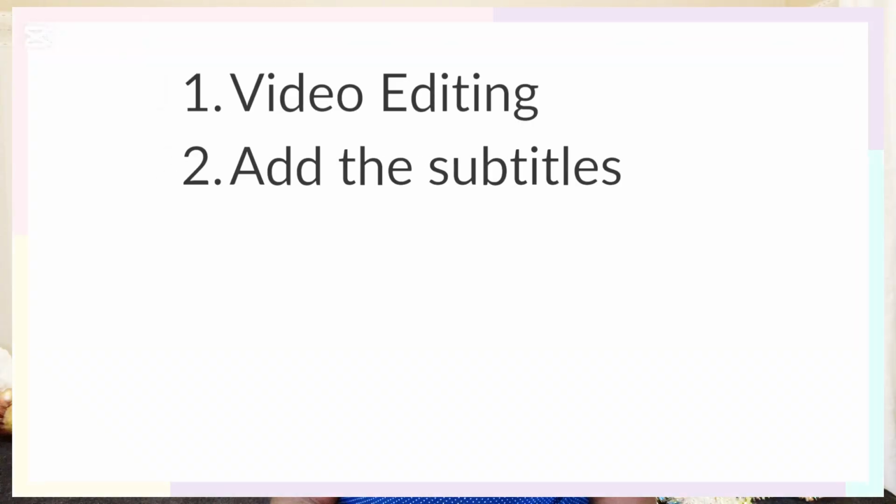And then add the subtitles. Nowadays, I have seen most YouTubers, they're not using complete subtitles. And the subtitles or the captions, you can actually have them from the YouTube Studio itself, or you can use other tools.